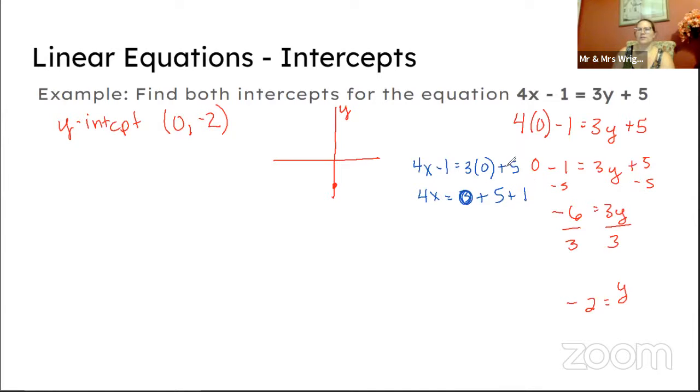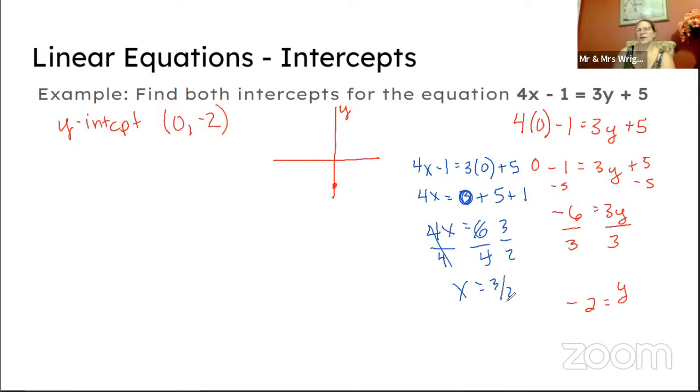I switch sides, so with my minus 1, I took it from the left side to the right side, so I'm going to change it to a plus 1. 4x equals 5 plus 1, which is 6. Divide by 4. X equals 6/4. I can reduce that down to 3 halves.